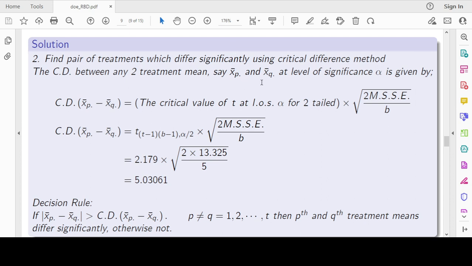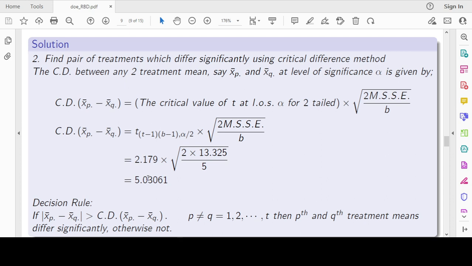CD of x bar p dot minus x bar q dot is equal to the critical value of t at level of significance alpha for two-tailed into square root of 2 MSSE upon B, that is equal to t at error degrees of freedom, alpha by 2, into square root of 2 MSSE upon B. So we have t at the error degrees of freedom, that is 12 degrees of freedom here, at alpha by 2, which means 0.05.